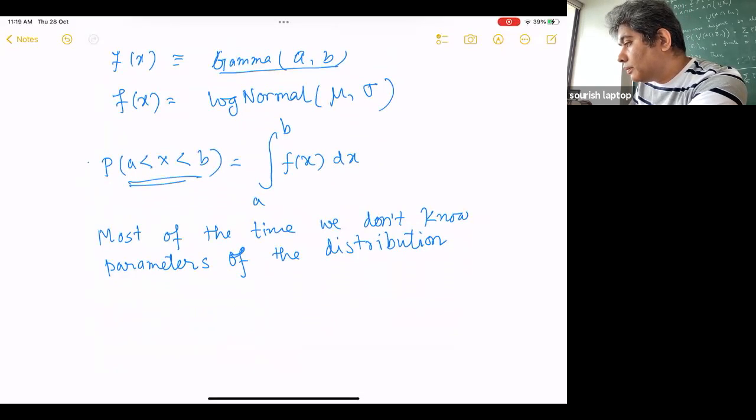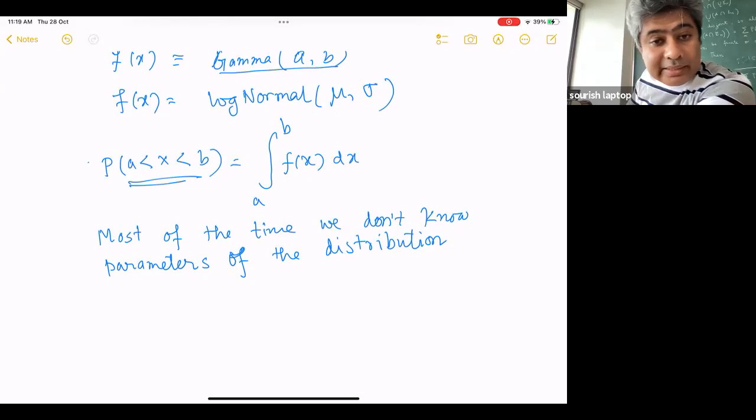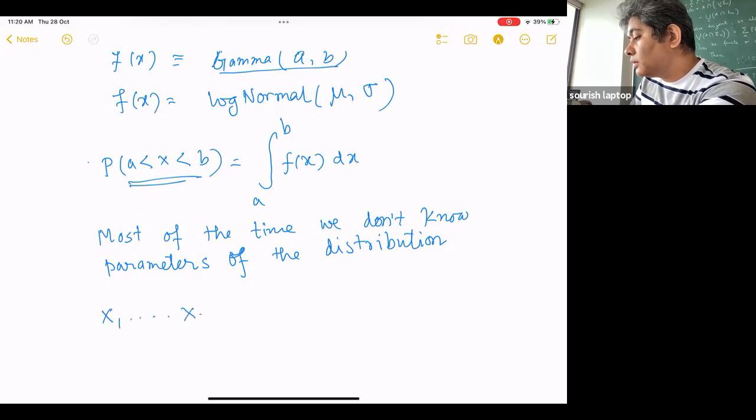That is where statistics comes in. Most statisticians are interested in this typical problem: I have some samples.